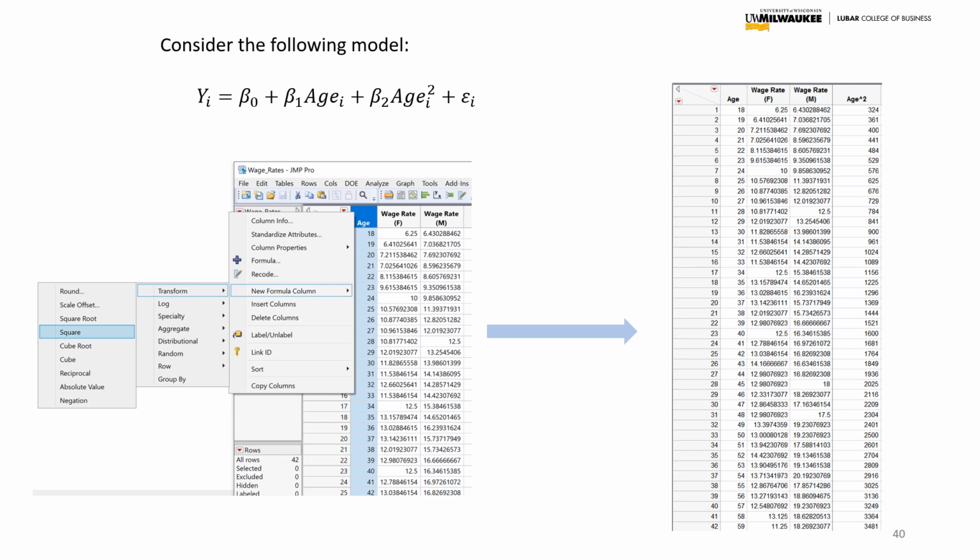Let's consider a model that goes beyond a line of only having age and adding age squared. That's simply done by highlighting the age column, then going to new formula column, then transform, then square. When you do that, you'll see that JMP will automatically create a column of squared values, in this case of age squared values.